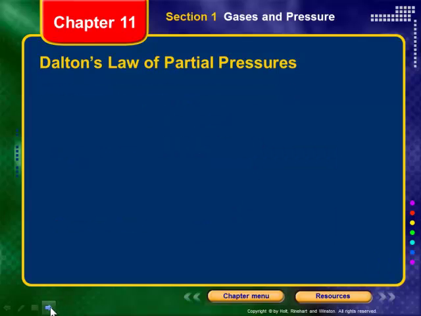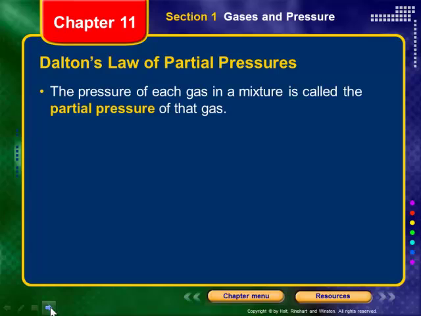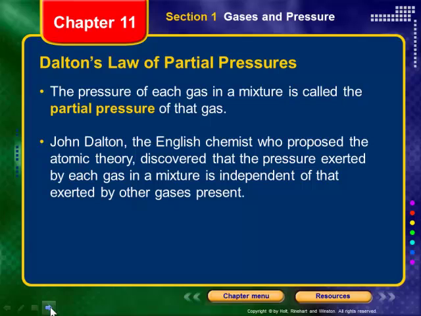Okay, finally, Dalton's law of partial pressures. The law of partial pressures tells us that in a mixture of gases, each individual gas contributes something to the total pressure. This was discovered by John Dalton.